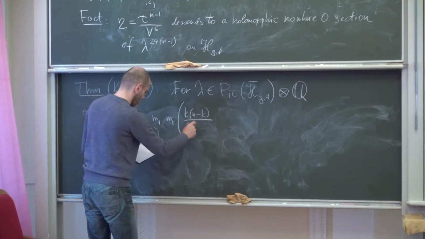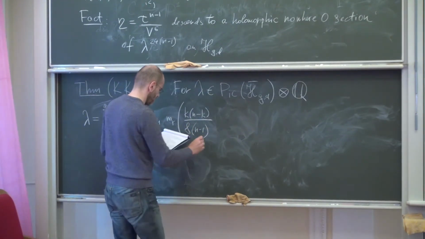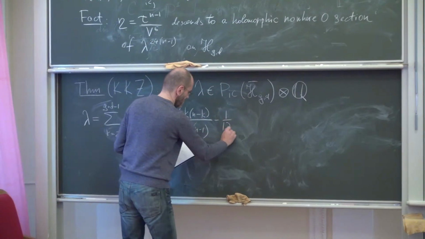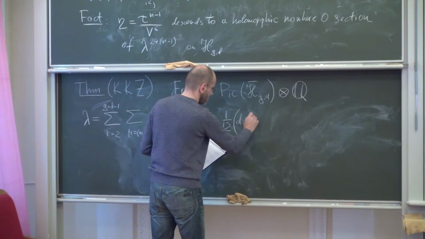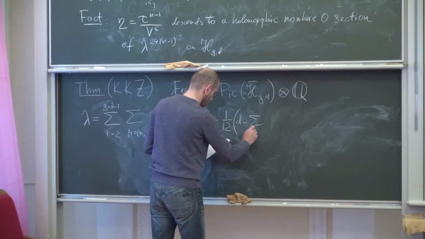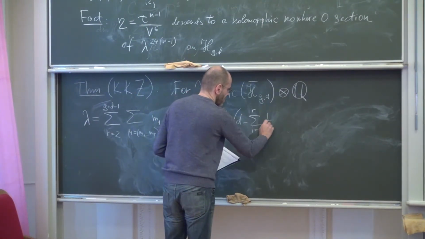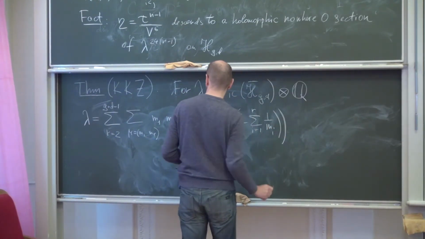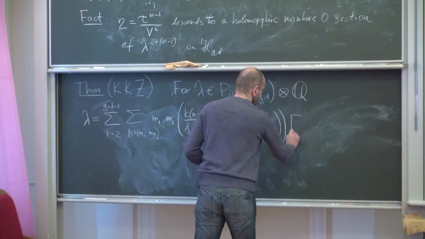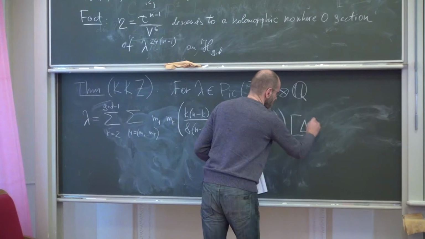So it's k times (n minus k) over 8(n minus 1), minus 1 over 12 d, minus the sum over i from 1 to r, 1 over mu_i m_i, times the class of the boundary divisor delta mu k.